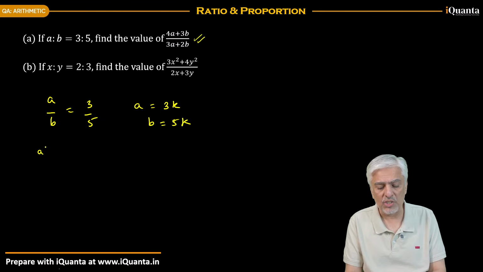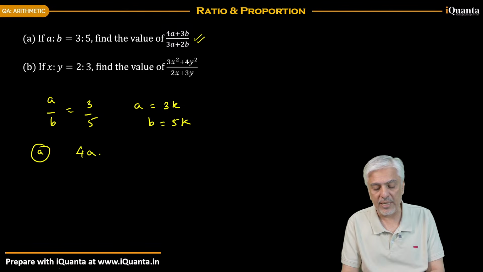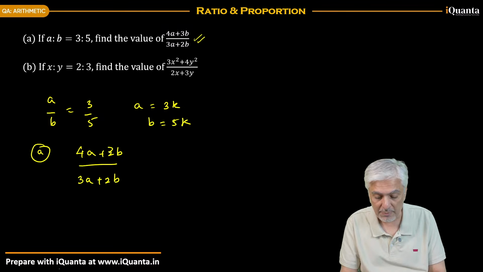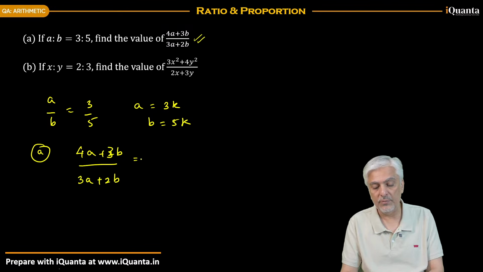Then in the first question, what will happen? They've asked us to find 4A plus 3B upon 3A plus 2B. So what will be 4A? A is 3K.